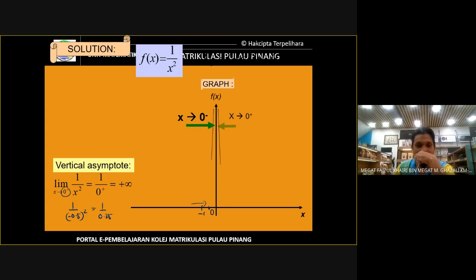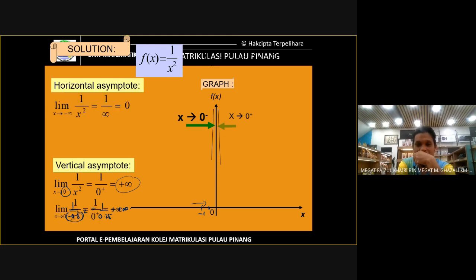Then you get the positive here, and 1 over 0.25 is equal to 4, which is positive infinity. So substituting the value is just for us to imagine it, but the result is whether positive or negative infinity. So when x approaches 0, we get infinity.